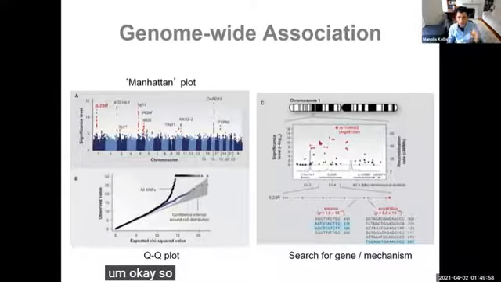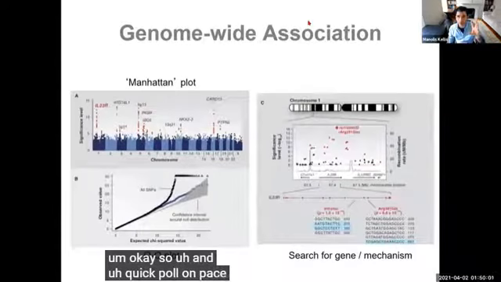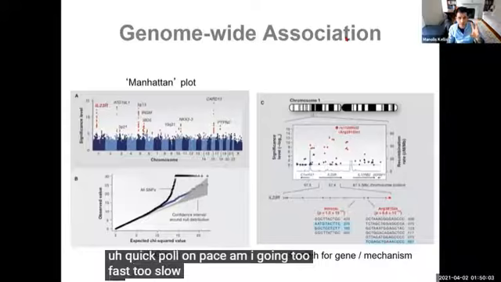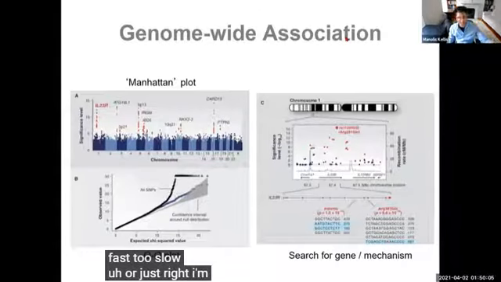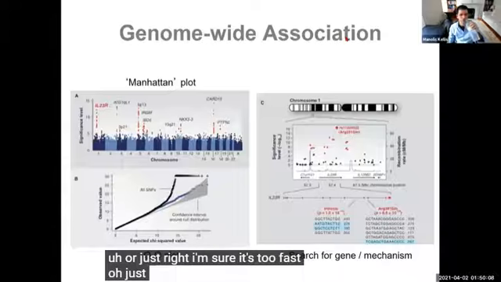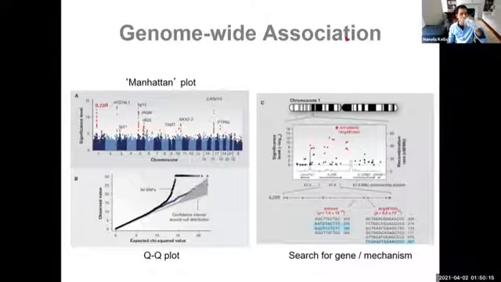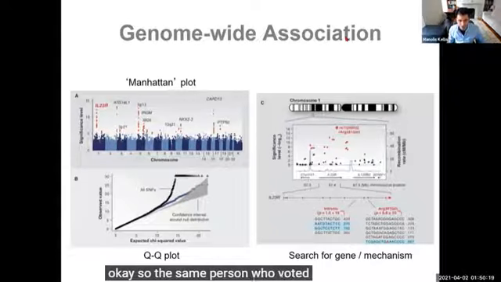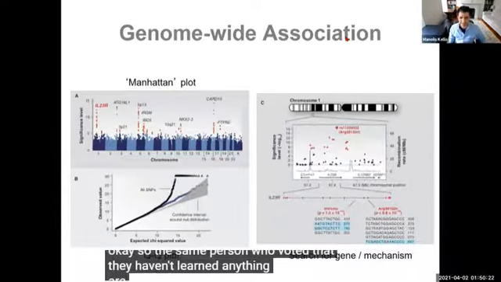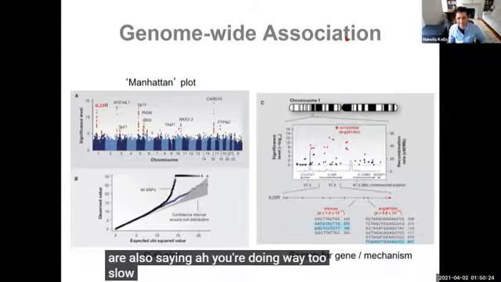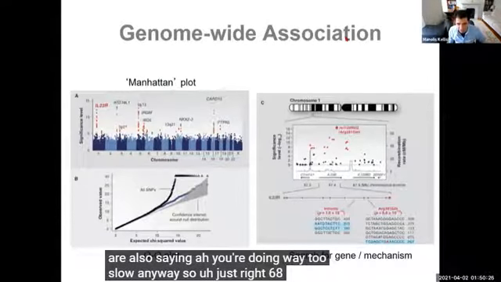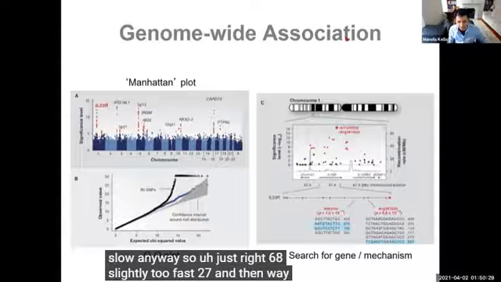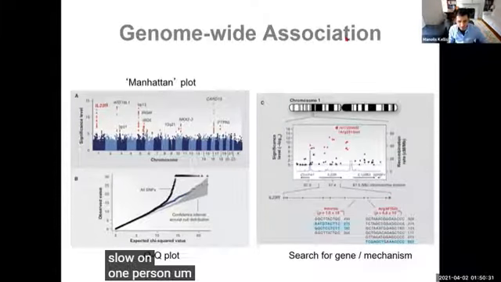Okay, so quick poll on pace. Am I going too fast, too slow, or just right? I'm sure it's too fast. Oh, just right. Wow. Okay, so the same person who voted that they haven't learned anything are also saying you're doing way too slow. Anyway, so just right, 68%, slightly too fast, 27%, and then way too slow, 1%.